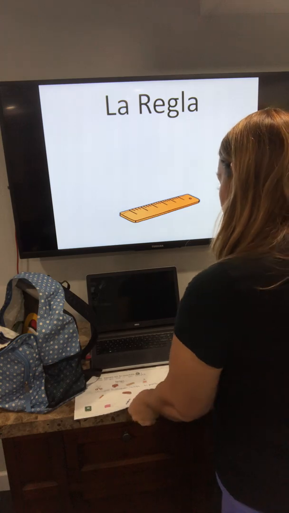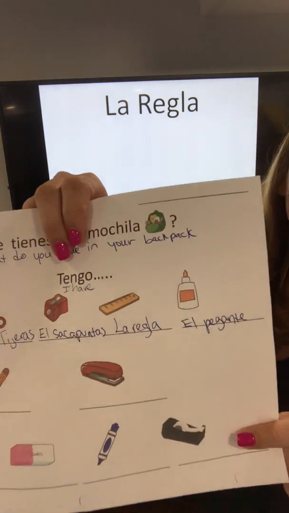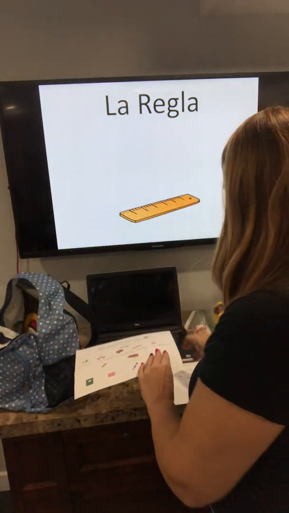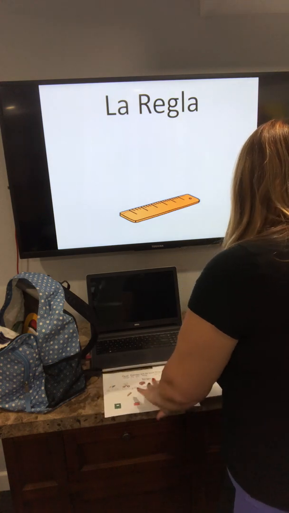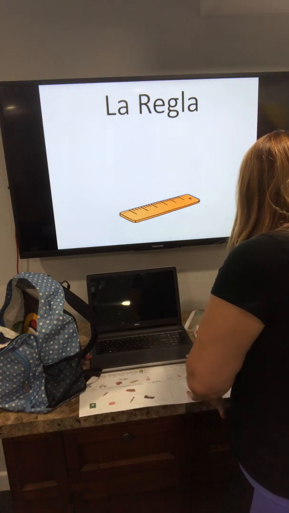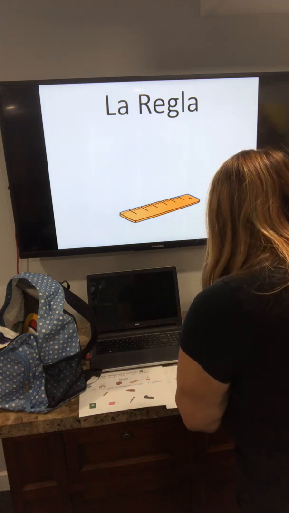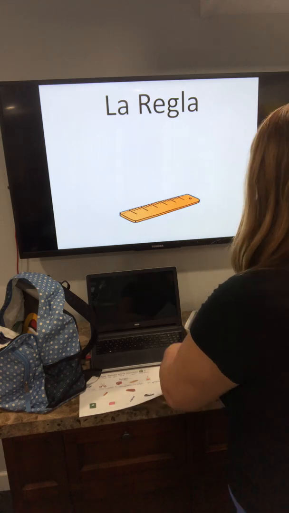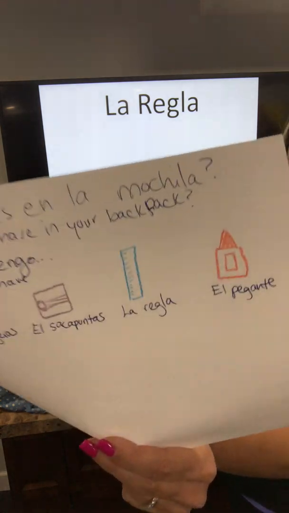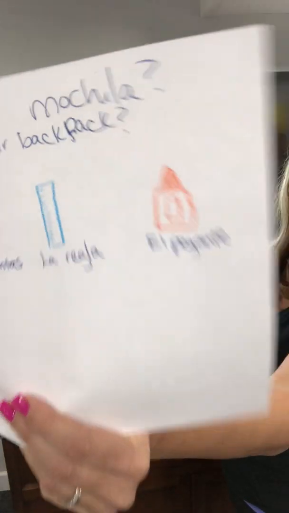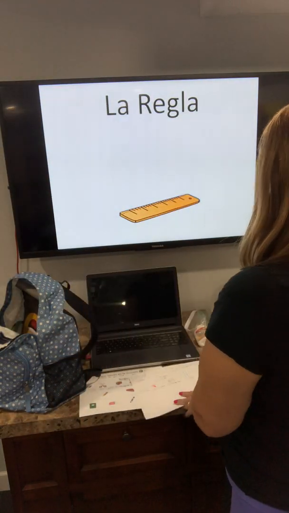Okay, so on your paper, where you have a picture of the glue, you're going to write el pegante. If you don't have a paper printed out, you're going to draw el pegante. Okay. Mine just kind of looks like that. Again, isn't art class, it's Spanish class, so that's okay.